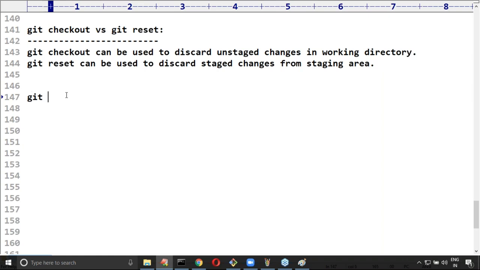Next, there is another doubt. Have you remembered git rm --cached? But now you are using git reset. What is the difference between these two things? Your doubt is going to be clarified.